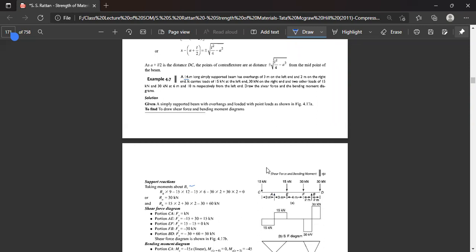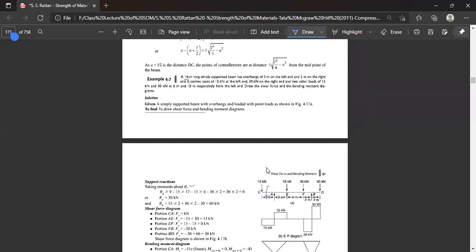If we put it equal to 0 and solve, then RA will be 30 kilonewton, and RB will be 60 kilonewton. So again, we have to calculate the shear force diagram in the same manner by taking sections.